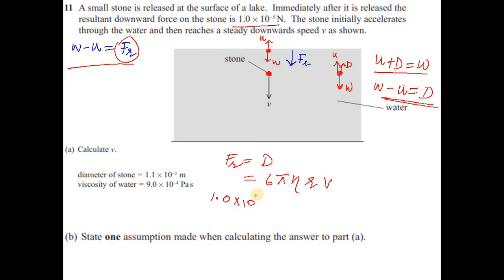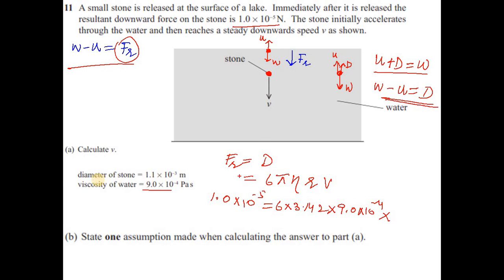1.0 times 10 to the power minus 5 equals 6 times 3.142 times eta, and eta is the viscosity of the water, which is 9.0 times 10 to the power minus 4, times r.